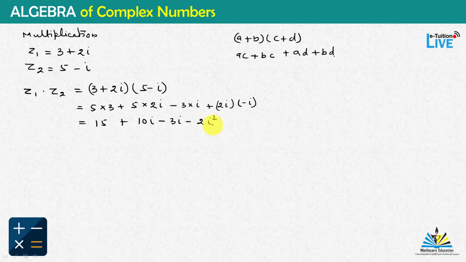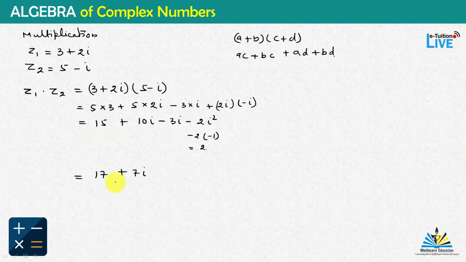And we learned i square is minus 1. So if we multiply this, that is 2 and minus 1, that is minus minus, that is plus 2. So the addition of these four terms will be 15 plus 2, that is 17, plus 10i minus 3i, that is 7i. So the multiplication of these two numbers is 17 plus 7i.